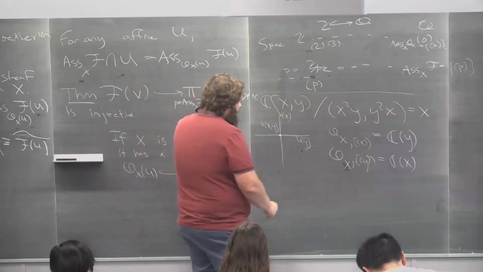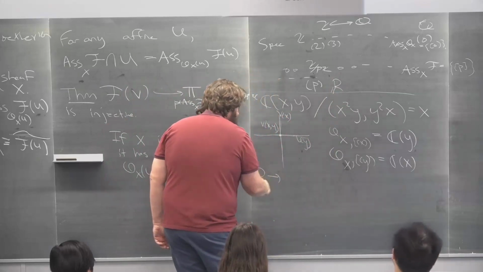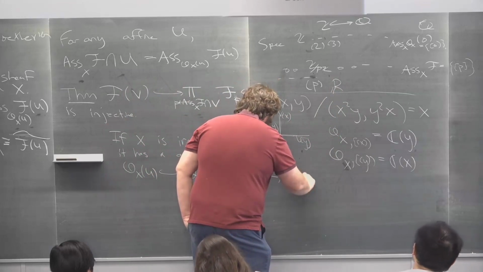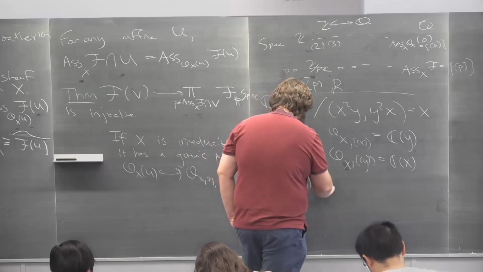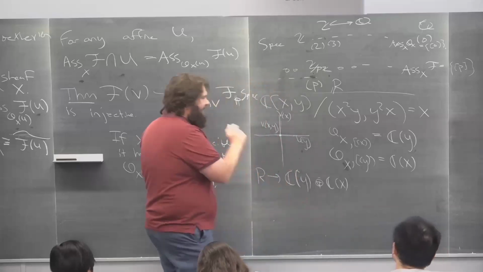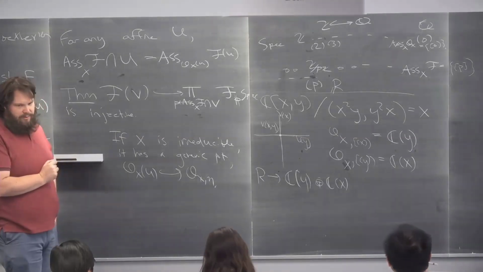So there's a natural map of, let me call this ring R, there's a natural map of R into k(y) plus k(x). And this is not injective, because x times y goes to 0.